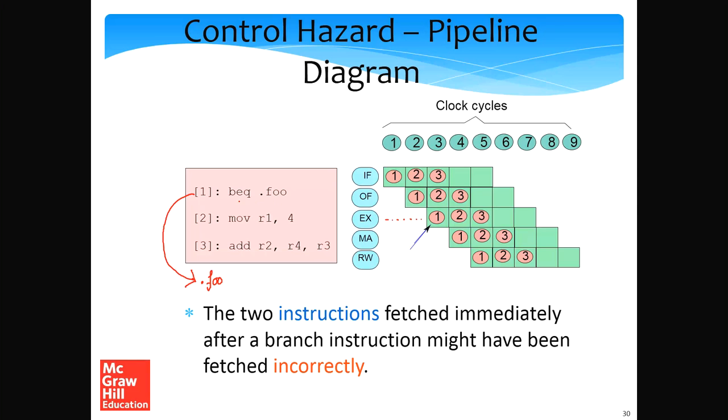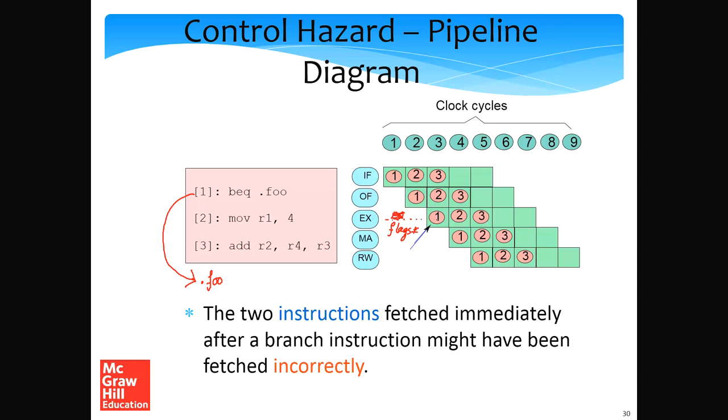In particular, it's a BEQ instruction, so it takes a look at the equality flag, flags.e. And if flags.e is 1, then the branch is deemed to be taken.